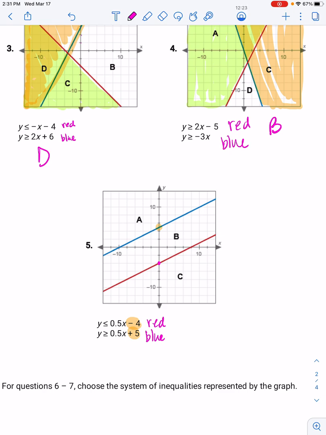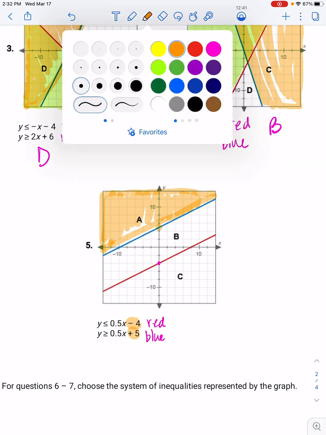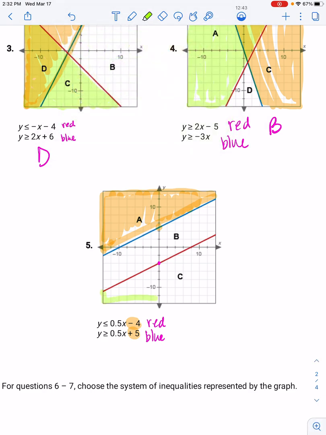If you type those into Desmos, hopefully what you are seeing is that the blue is going this way. It's all this way, because it's everything that is greater. And the red is everything that's less than, so it's everything below the line, falling this way.